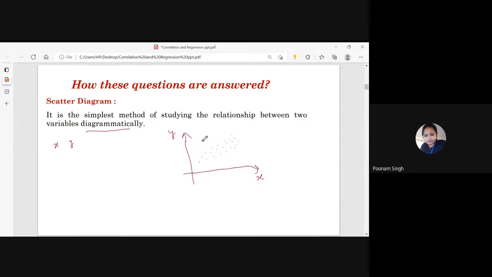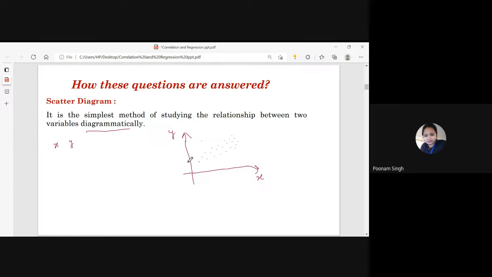So on the x-axis we take one variable, on the y-axis we take another variable, and for each observation we put a dot, and the concentration of these dots tells us the type of correlation between the two variables.